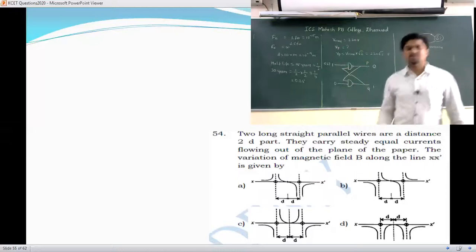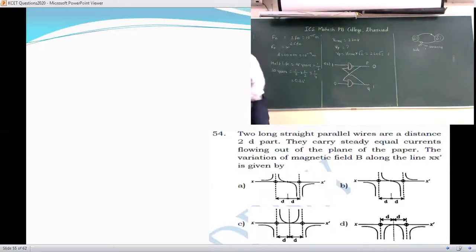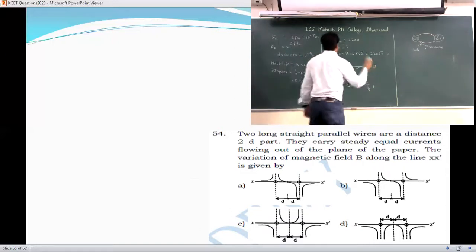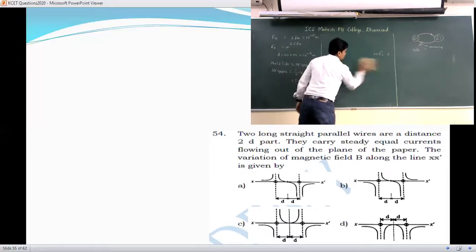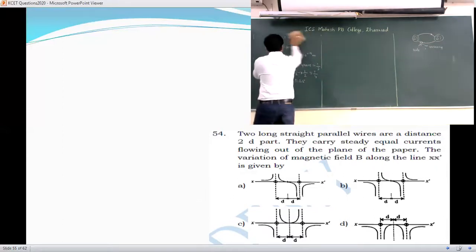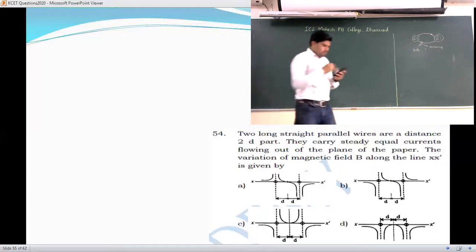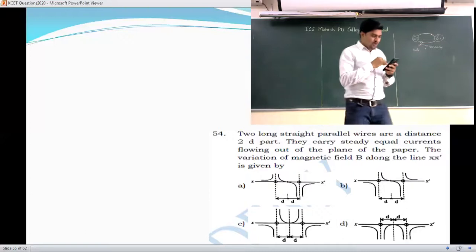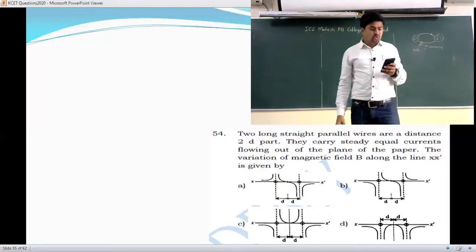In the next question, just go through it and read it, I will explain. Two long straight parallel wires are a distance 2D apart.